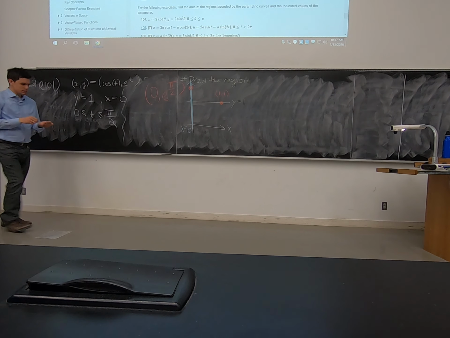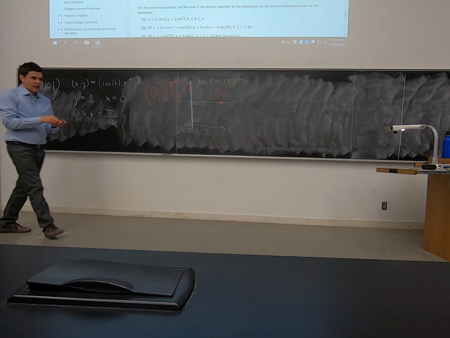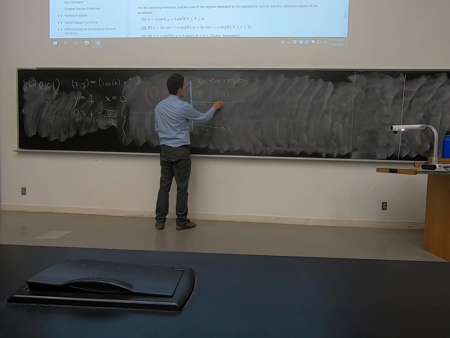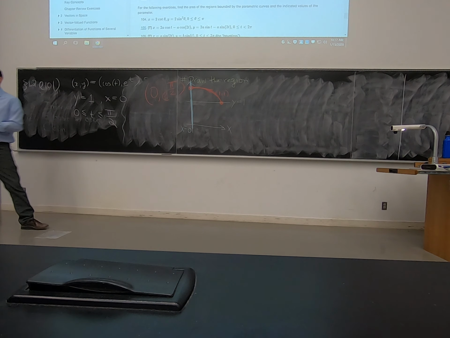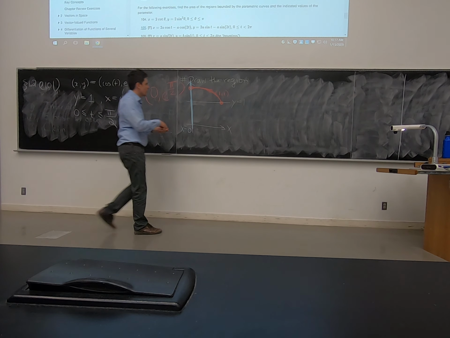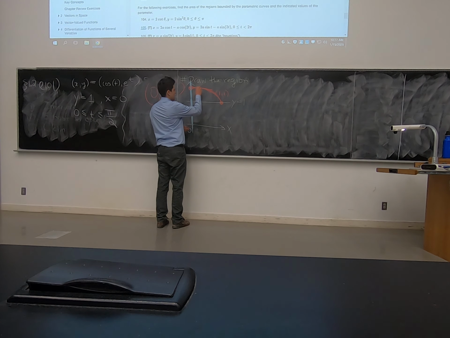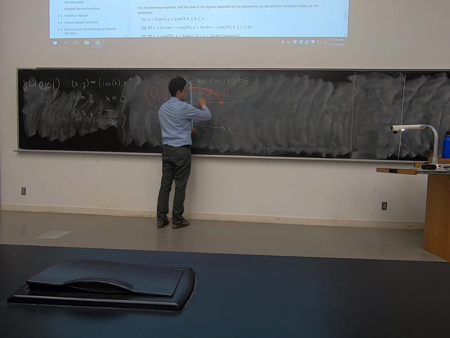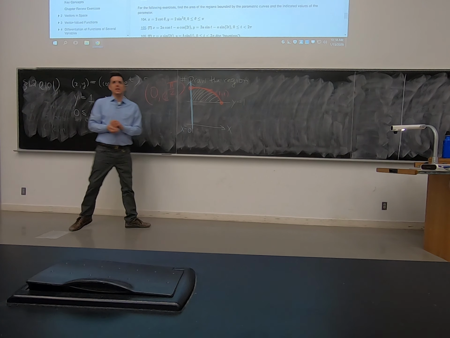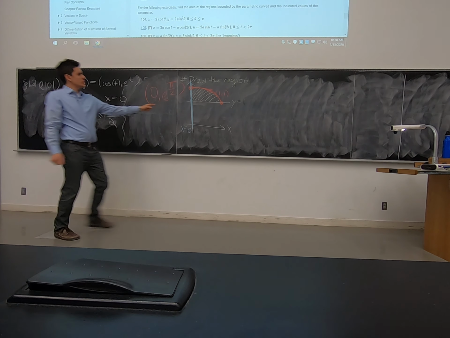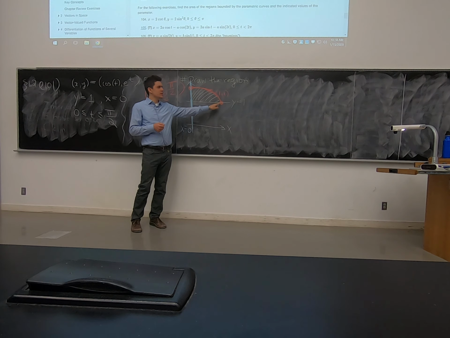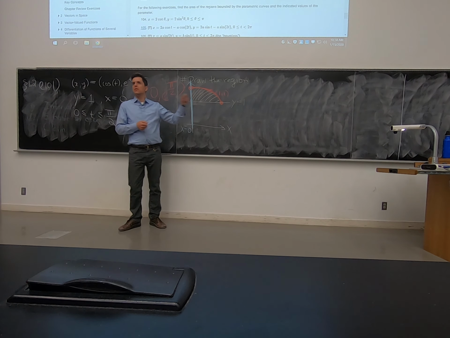So we get some point up here, and our curve goes somewhere between these points. We get some kind of shape that looks like this, and the region we care about is this guy here. Notice that I'm not super concerned with the shape of this curve, just that it has 2 endpoints on this region.